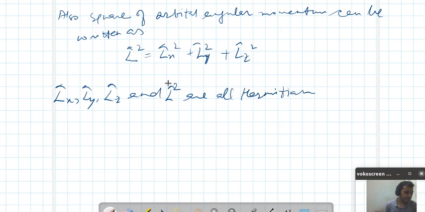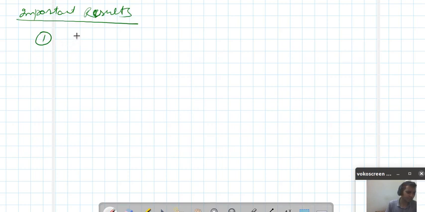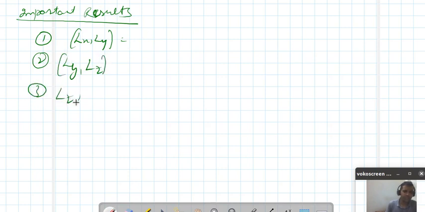Then there are certain important results which we have to keep in mind. The first result is the commutator of Lx and Ly, or Ly and Lz, or the third, Lz and Lx, right?